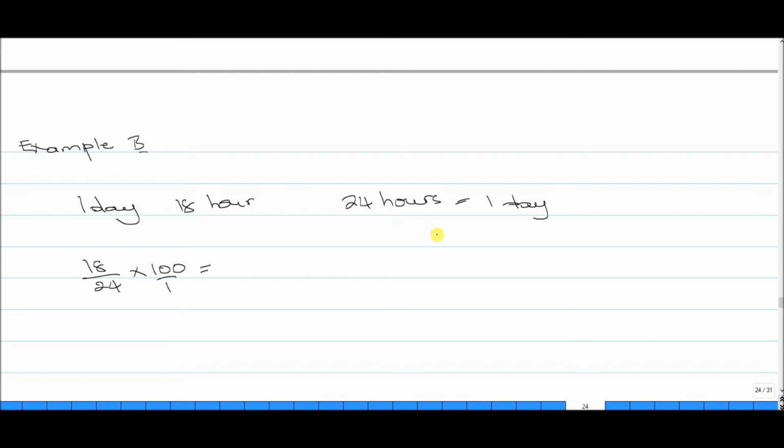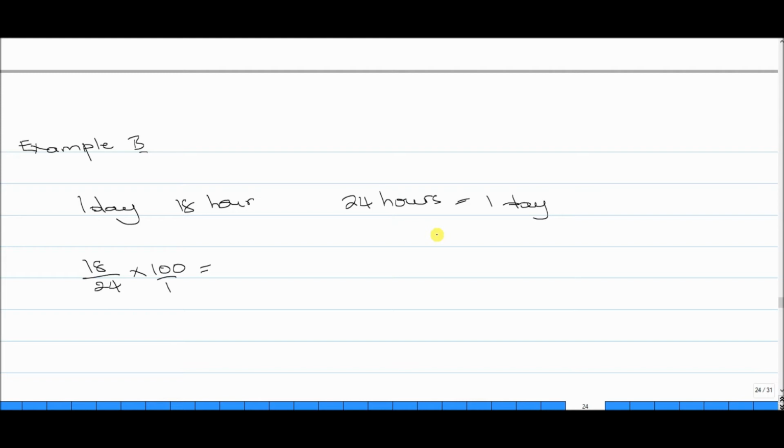We have one day coming after of, so that will be our denominator as expressed by the rule. Now, we have to make our quantities the same unit, and here we have different units representing the numerator and denominator. We have 18 hours and 1 day, so we need to make them the same.